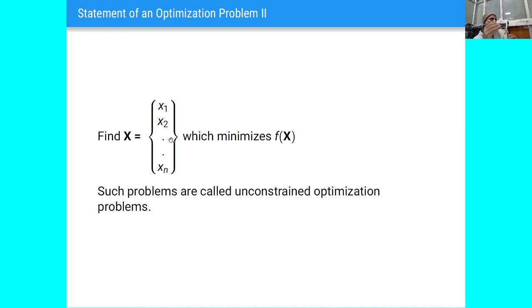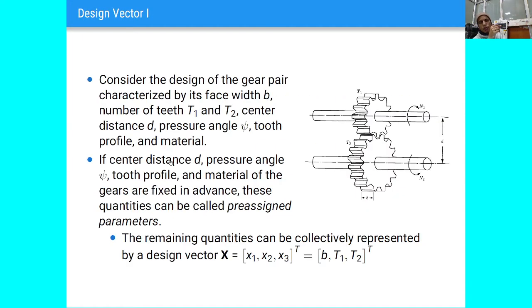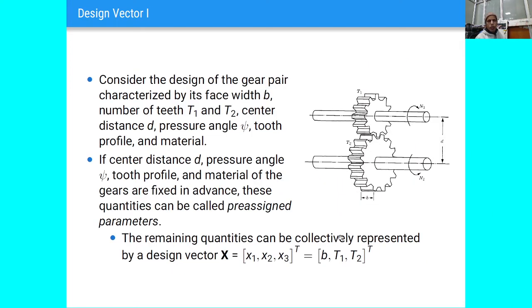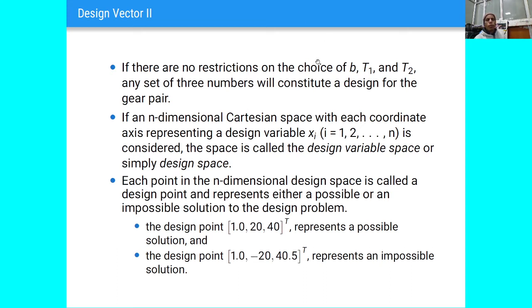So for this particular gear arrangement, x becomes the transpose of B, T1, T2, for convenience.